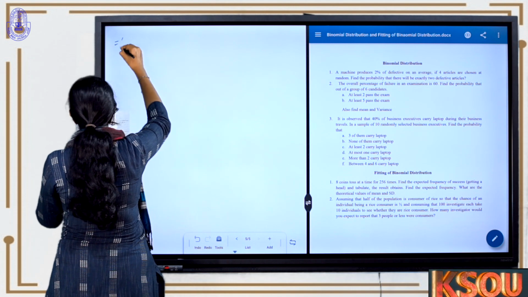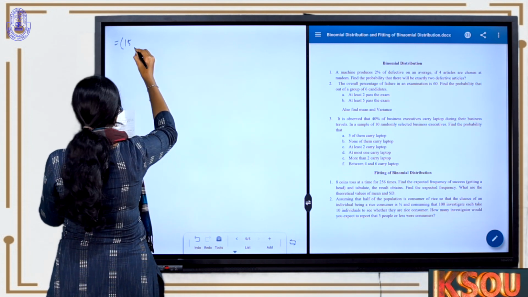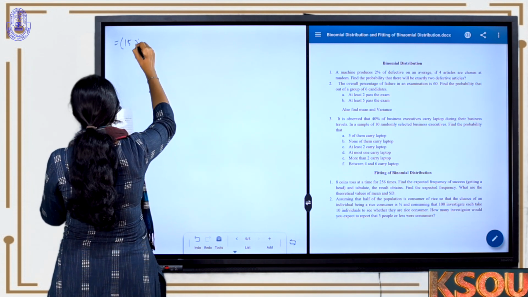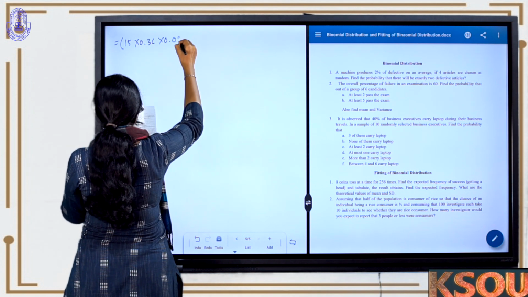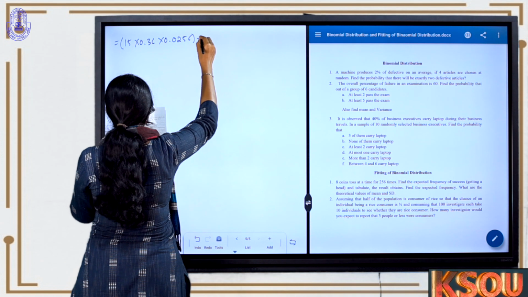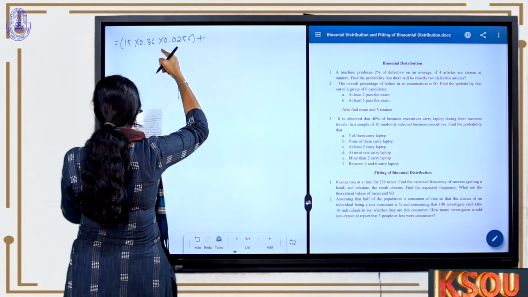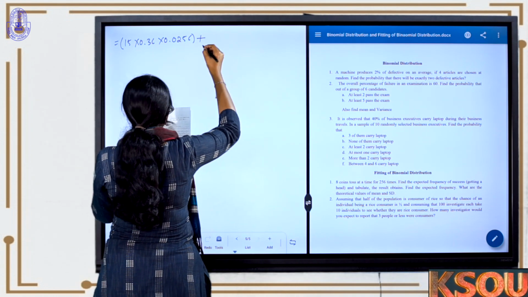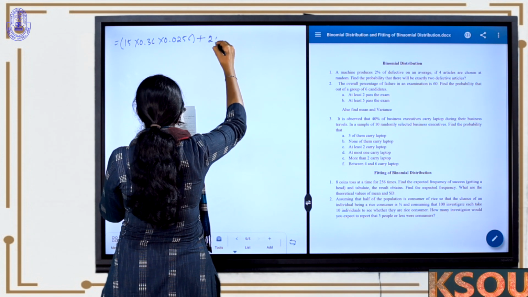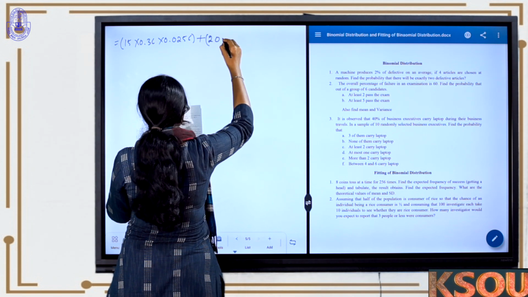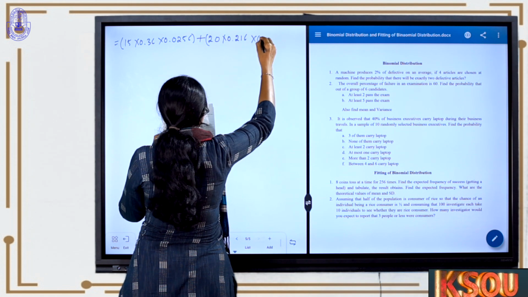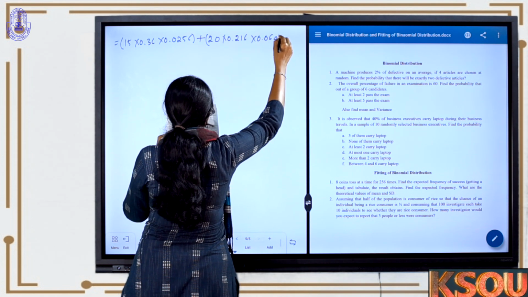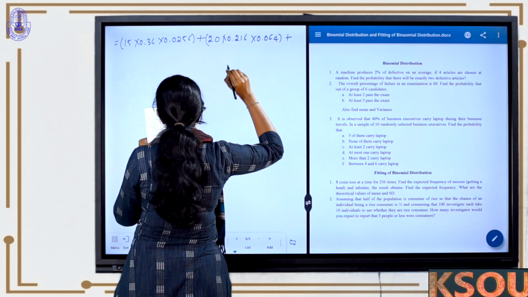So for the first one, you should get 15 into 0.36 into 0.0256 plus, this is for P of 2. Then P of 3 is 20 into 0.216 into 0.064. This is for P of 3.